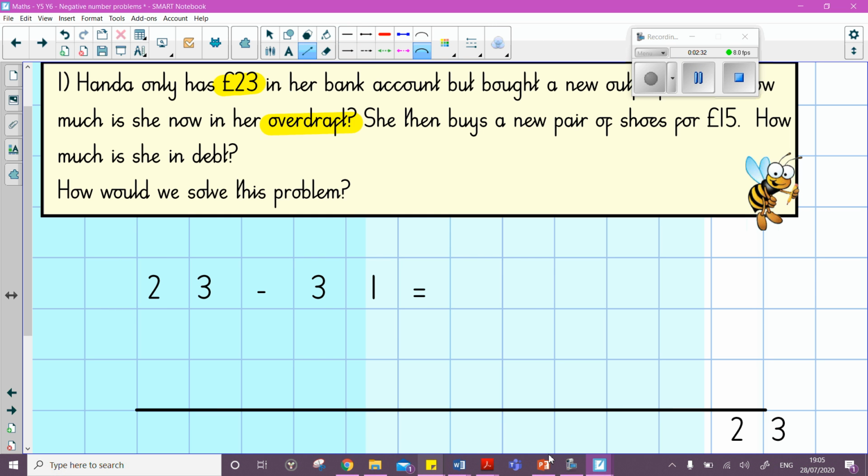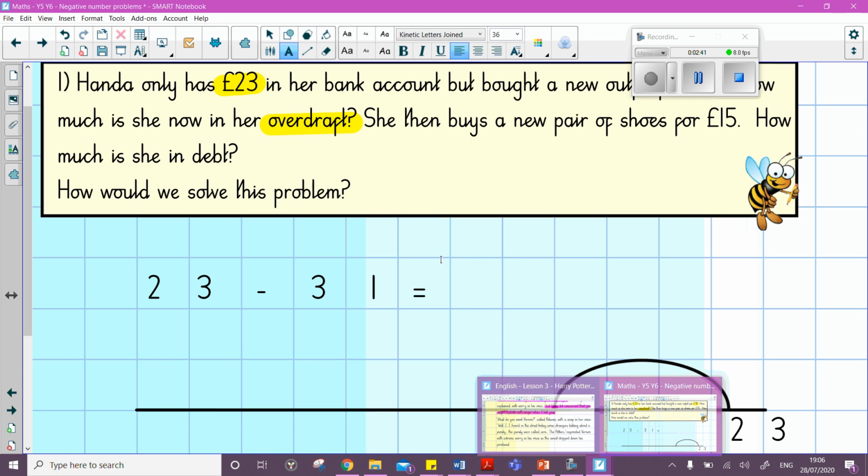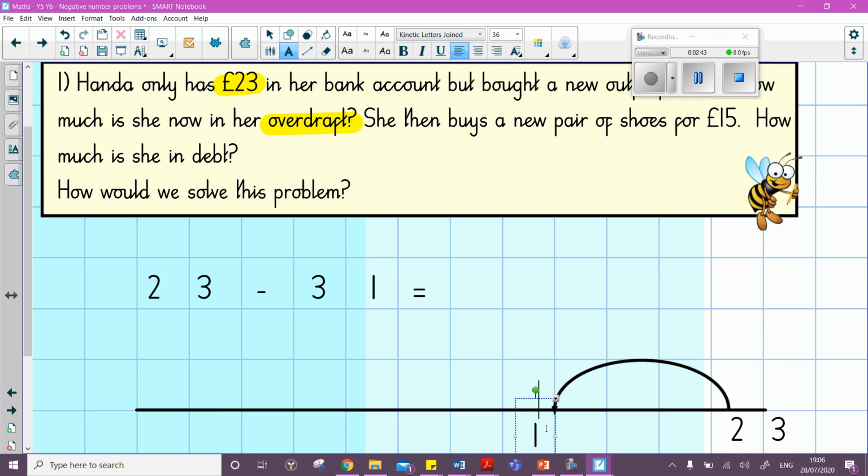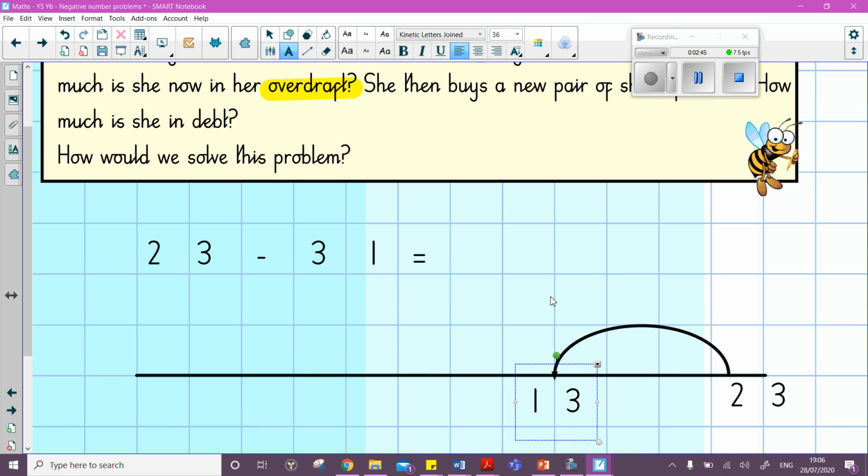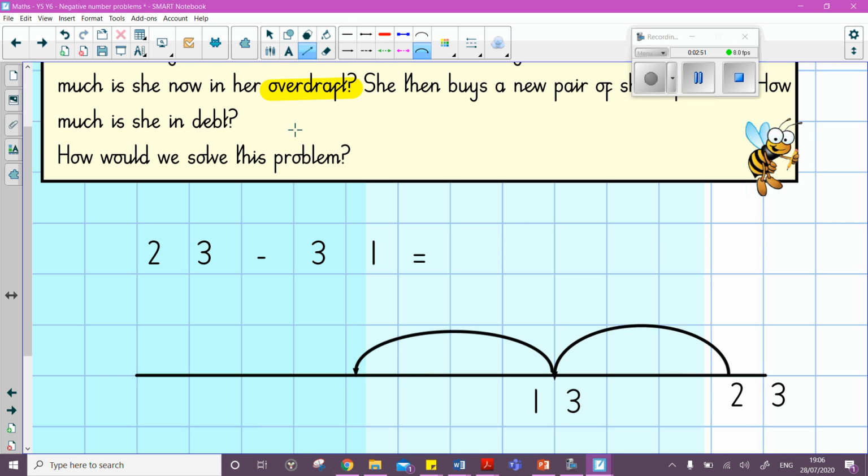Now I might want to break that down into tens and ones to support me. So there are 3 tens, so if I subtract 1 ten, then it would take me to 13. If I subtract another 10, it would take me to 3. So far I've subtracted 2 tens.